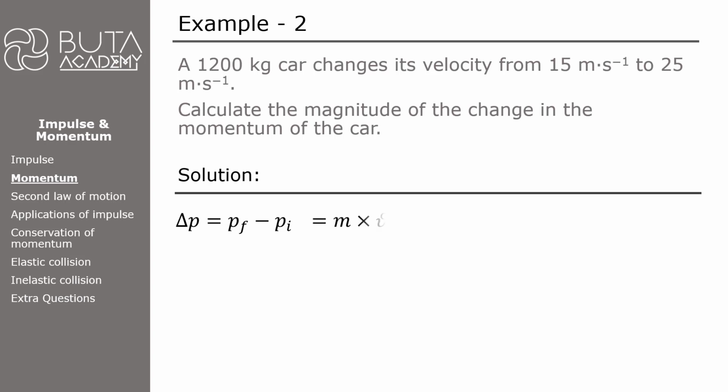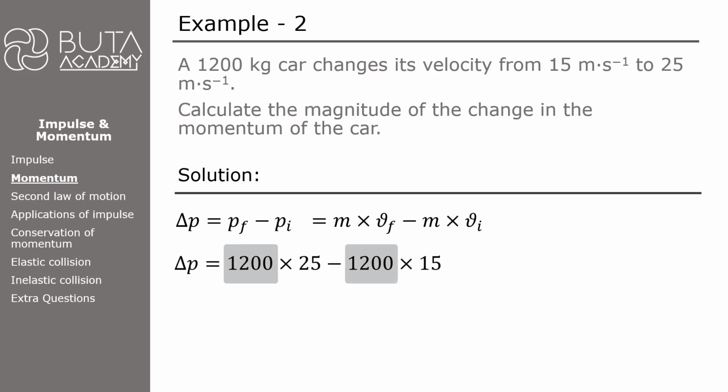Momentum of an object is equal to mass times velocity. Mass of the object is 1200 kg. Final velocity is 25 meters per second and initial velocity is 15 meters per second. Change in the momentum is equal to 12,000 kilogram meters per second.